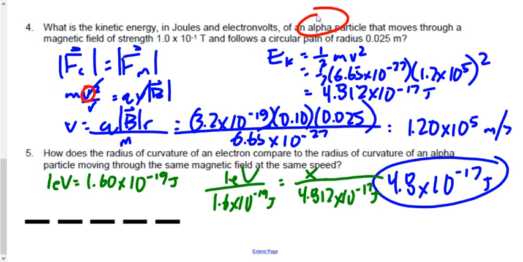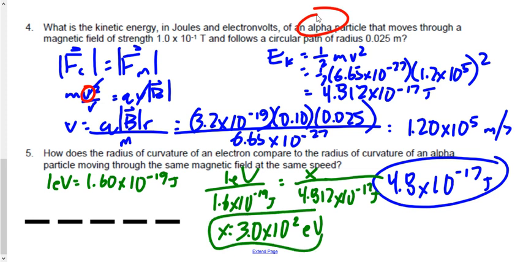See what I'm doing there? eV over joules, eV over joules. Take the 4.8 up, divide by 1.6, and it ends up, I believe, to 2 digits, 3.0 times 10 to the 2 electron volts. We're going to round that to 2 digits, though, because if we go back to the original data, we've got 2 digits everywhere there. All right?